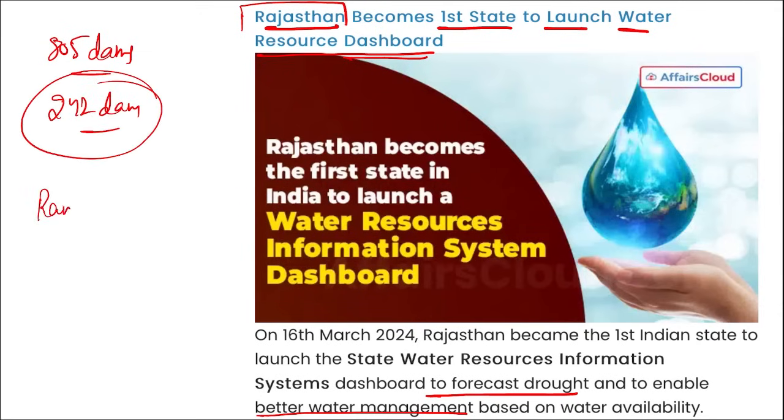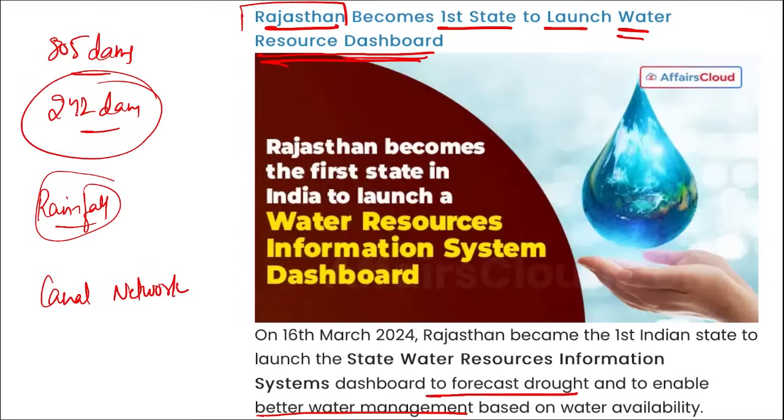Then data about rainfall will also be provided here. Information about canal networks will also be provided here. And the data of the Ganga and Bhakra canal systems, and the Bilaspur, Javai, Gudwa and Jawahar Sagar dams will also be available on this portal. That is a water resource dashboard launched by which state?